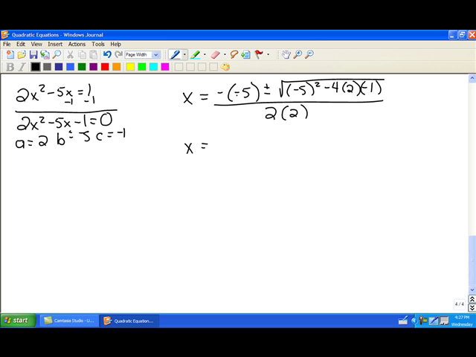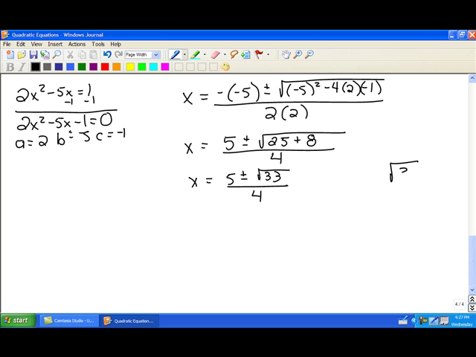Now cleaning up, the opposite of negative 5 is 5 plus or minus the square root. Negative 5 squared is 25. Negative 4 times 2 is negative 8 times a negative 1 is a positive 8. All put over 4. Cleaning up underneath that radical, that's going to be 5 plus or minus the square root of 33, all divided by 4.